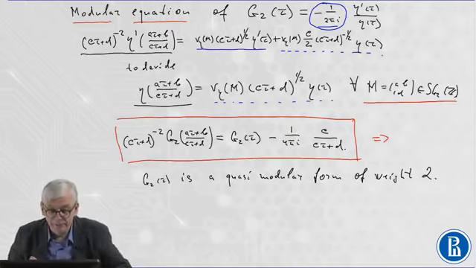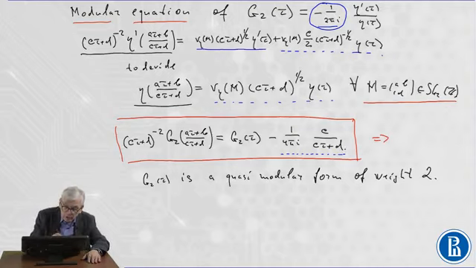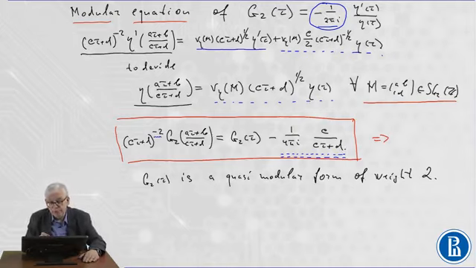This is simply by definition, because without this fractional linear term in c tau plus d, we would have a modular form of weight 2. But this additional term certainly changes the behavior of our function. So this is the difference between modular and quasi-modular form.